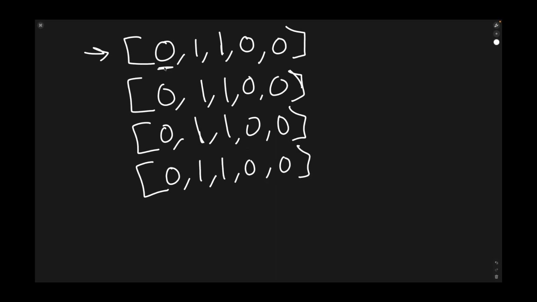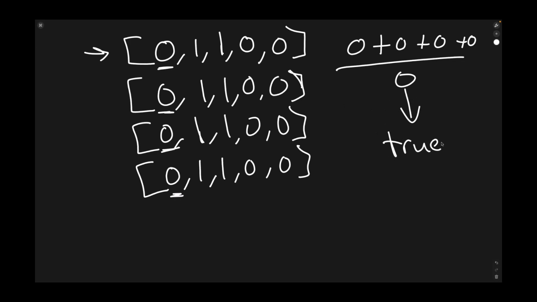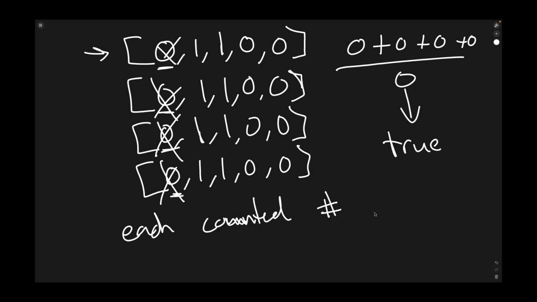If we took the first index 0, 0, 0, 0, then obviously that would produce a net 0. But the problem is that we just grab the same index each time. We don't want to do that. So in order to avoid this problem, we need to make sure that each counted number that we're using is a different index from the other indexes that were used.